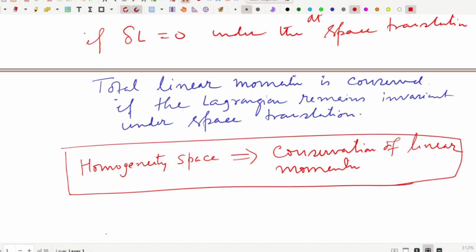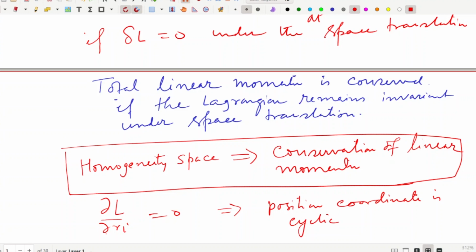This is also related to the Lagrangian. The Lagrangian will be invariant under space translation when this del L del Ri should be 0. So, that we obtain. So, if del L del Ri is 0, then the position coordinate is cyclic.